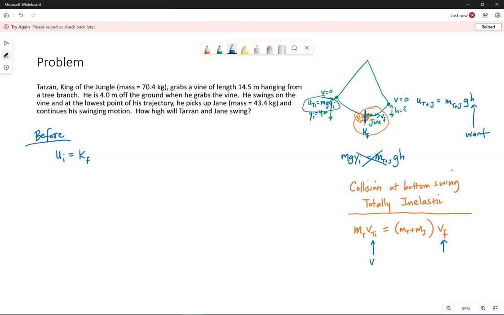So the speed of Tarzan right before he picks up Jane is related to the kinetic energy he has from swinging downwards. We can say the mass of Tarzan, g, times that initial height he is at, which we know, is going to turn into this kinetic energy. So this allows us to find out how fast Tarzan is traveling immediately before he picks up Jane.